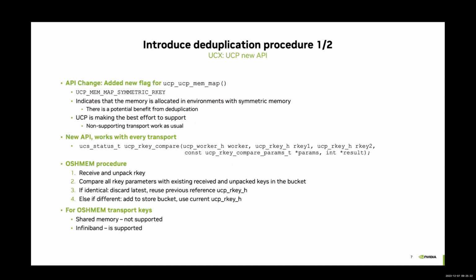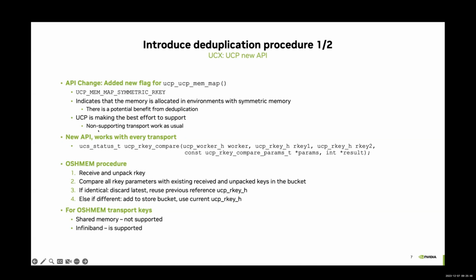Okay, so what do we propose? We propose multiple changes in the UCX API. Actually, very few. The first thing is we are introducing the memory map symmetric rkey flag that is being passed to UCP memory map.